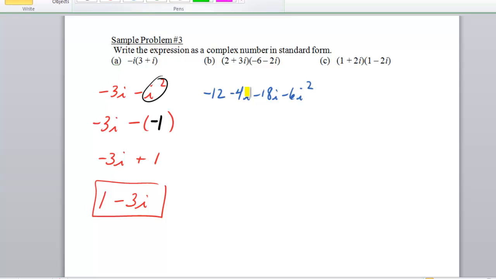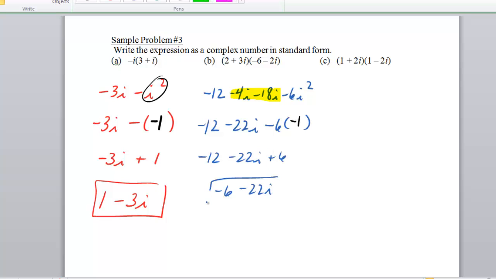We want to combine like terms in the middle, so we get negative 12 and negative 22i, and then we want to replace the i squared with that negative 1 value and continue to simplify. And we're writing our final answer in standard form.